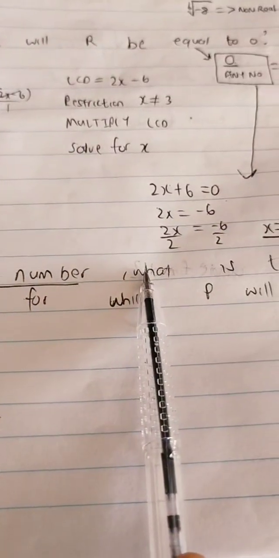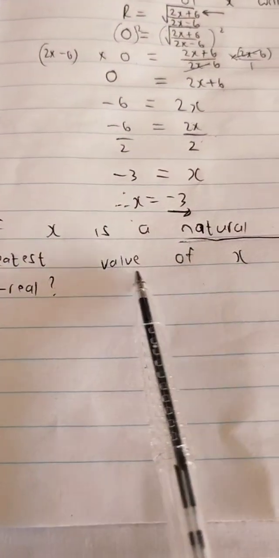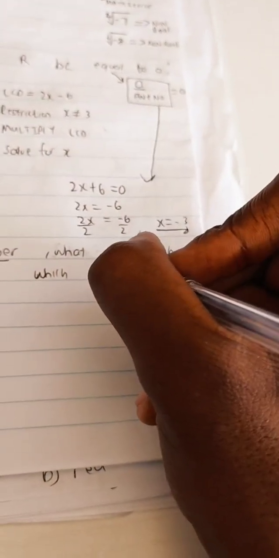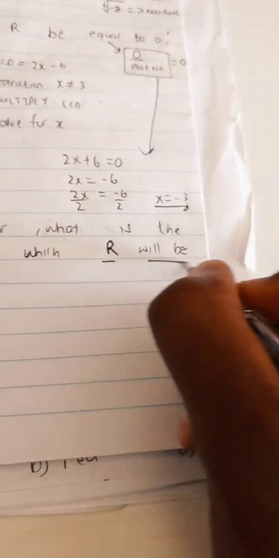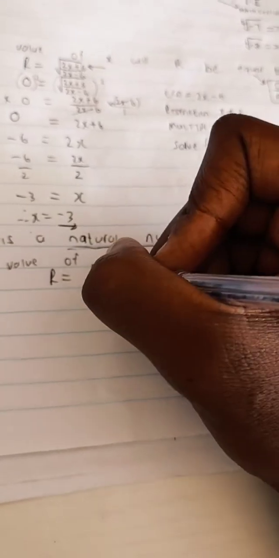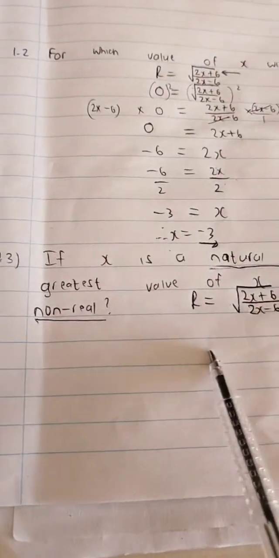So it says if x is a natural number, what is the greatest value of x for which r will be non-real? Okay, so remember, r is the square root of 2x plus 6 over 2x minus 6. What is this thing saying?